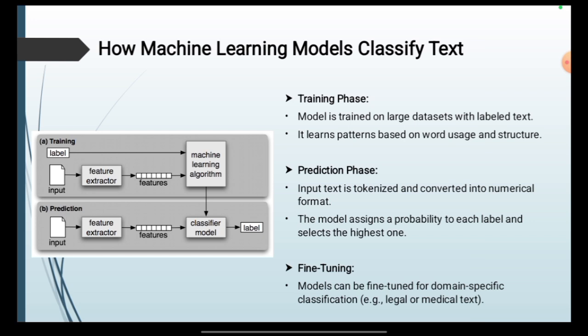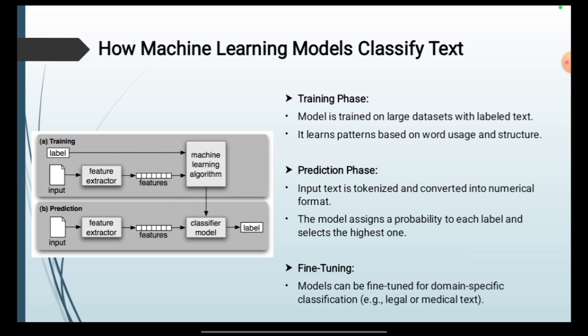In the prediction phase, the input text is processed by tokenizing and converting it into numerical format, which is also known as features, which the model uses to assign a probability to each possible label and select the one with the highest probability. Fine-tuning allows the model to adapt to specific domains such as legal or medical text, improving accuracy for specified tasks.